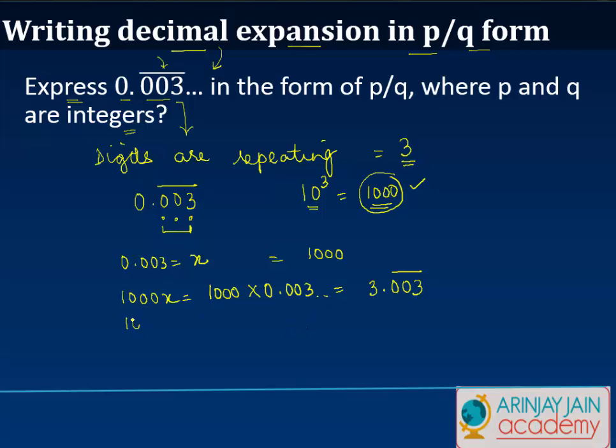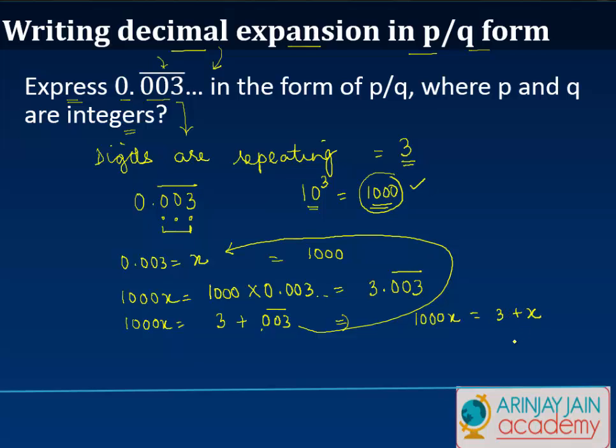So you have 1000x equals 3 plus 0.003 repeating. But we know that the value of this 0.003 is equal to x, or in other words we can just write this as 1000x is equal to 3 plus x.